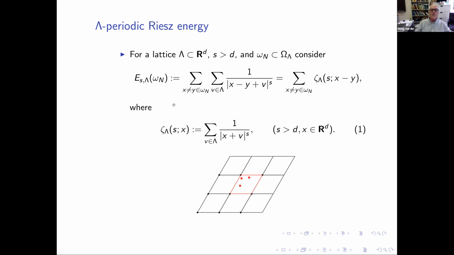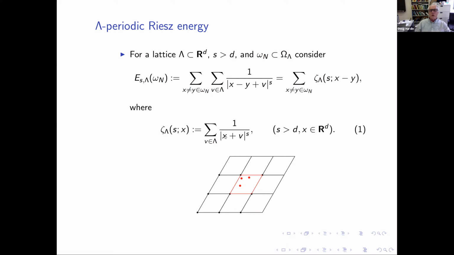For example, if we periodize the Riesz s potential, then the periodic potential F_s is what we refer to as the Epstein zeta function for the lattice, but it's a Hurwitz Epstein zeta function.